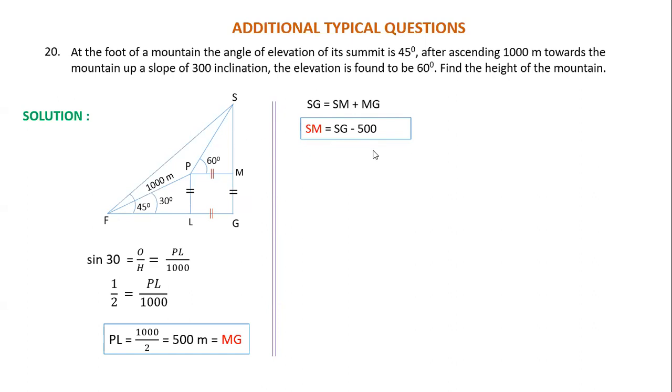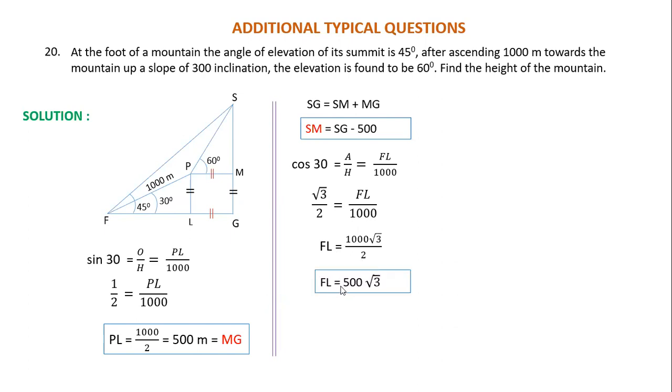Now take cos 30. Cos 30 is equal to FL upon 1000. So cos 30 is root 3 upon 2 is equal to FL upon 1000. FL is equal to 1000 root 3 upon 2. FL is equal to 500 root 3. Okay.